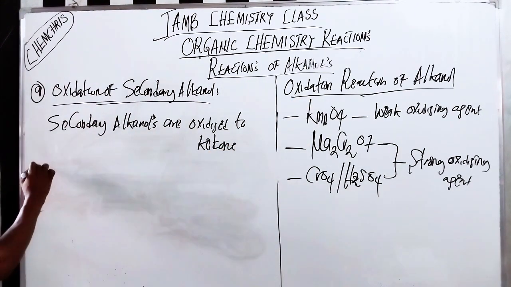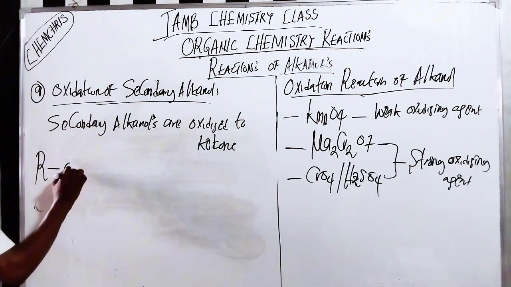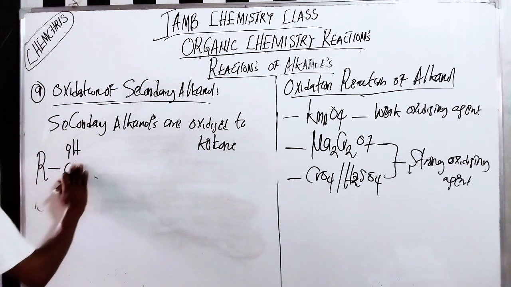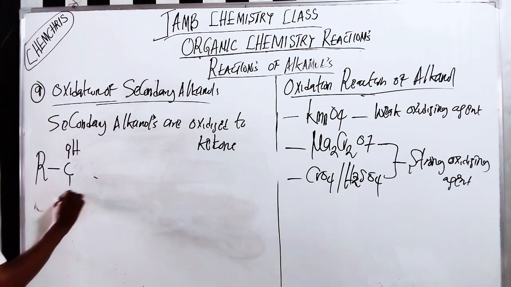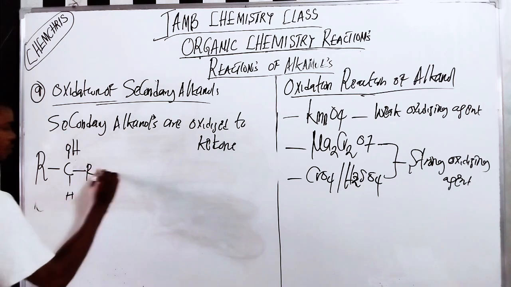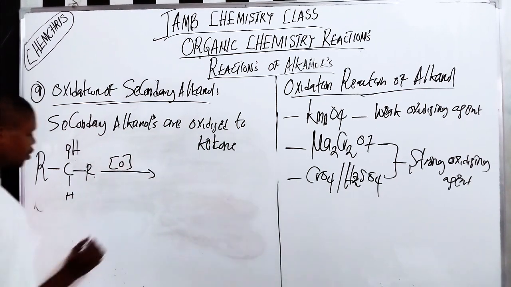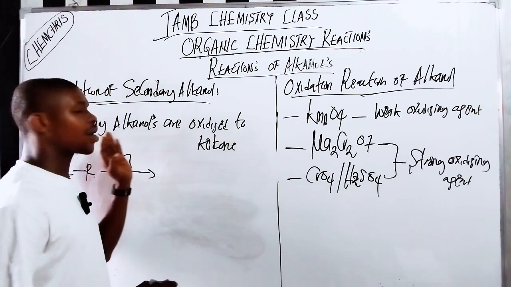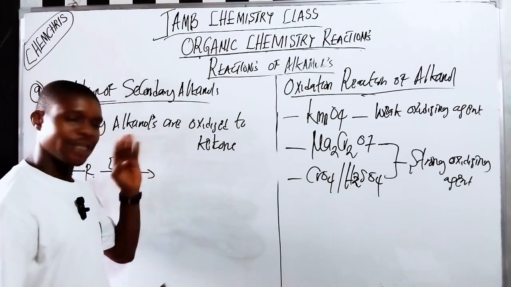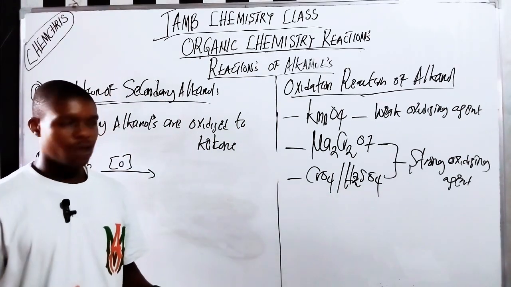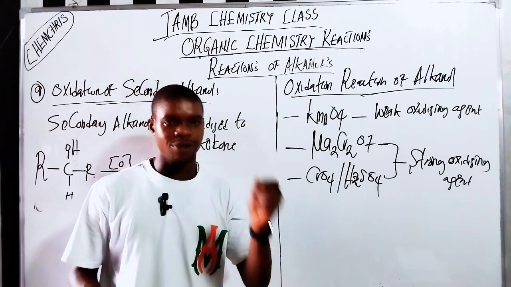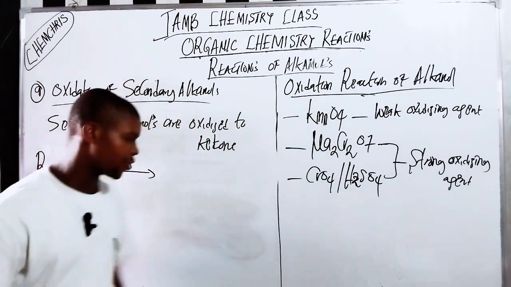So you have R here. Now secondary alcohol can only be oxidized to ketone. It cannot be oxidized to any other thing again. So any of these oxidizing agents you can use to achieve the product or the process or the reaction.